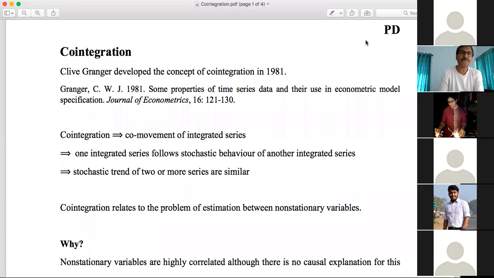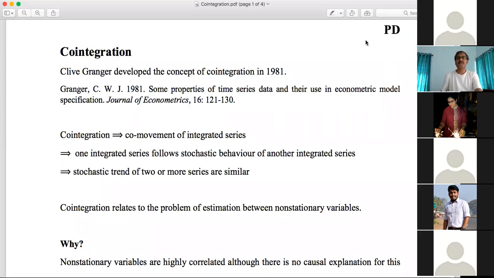Now, today we are considering another aspect of time series econometrics that is called co-integration. The basic difference between today's analysis and what we have discussed so far is that today we consider more than one time series together.